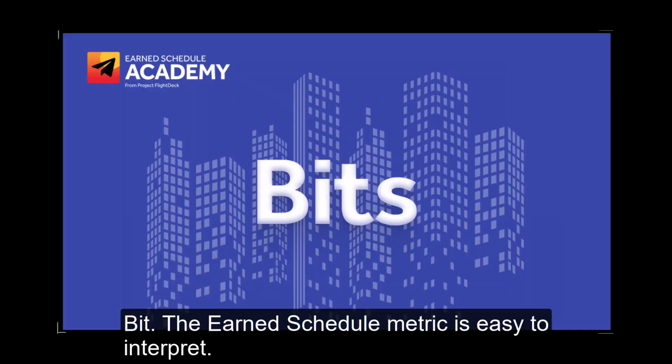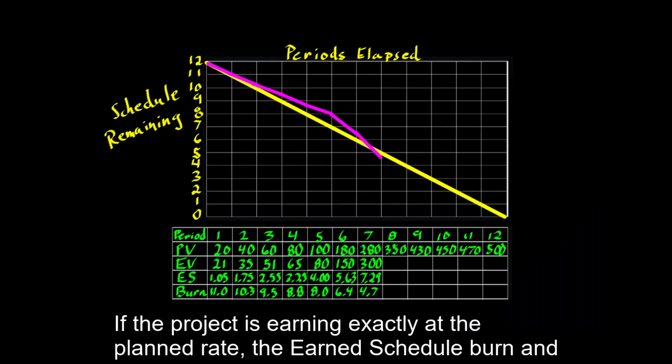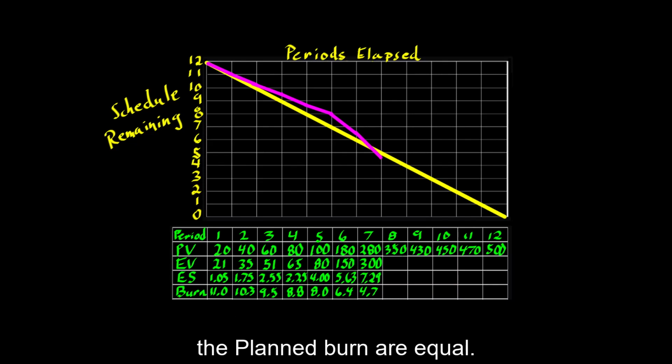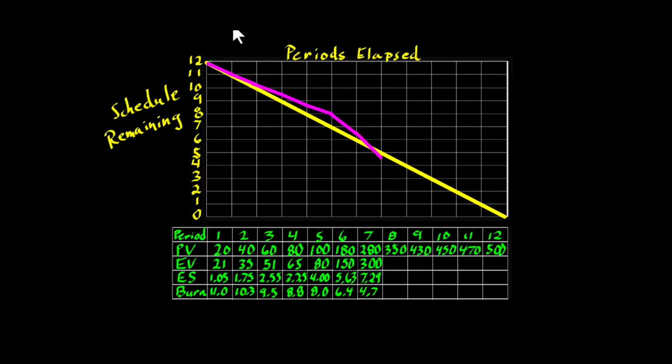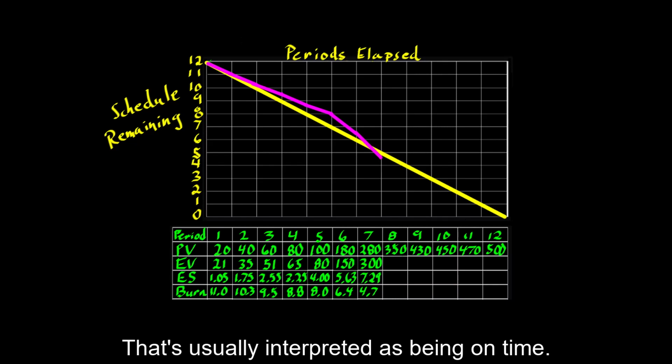Bit, the earn schedule metric is easy to interpret. If the project is earning exactly at the planned rate, the earn schedule burn and the planned burn are equal. In period 1, it's very close to equal. That's usually interpreted as being on time.